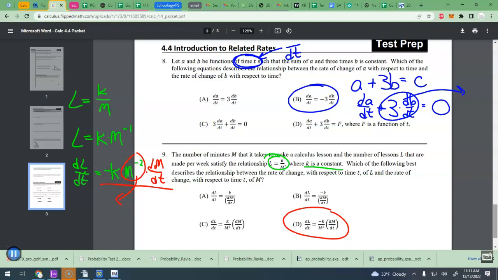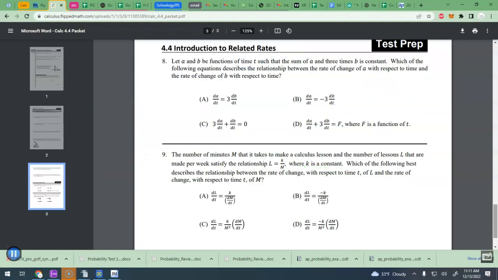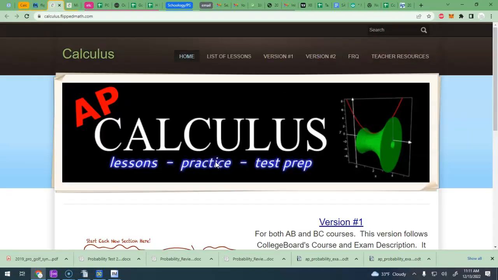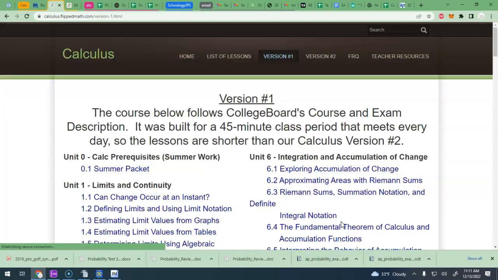I want to show you plugging numbers in. How does it look? And then tomorrow it'll be story problems with numbers. The first part of 4.5, they kind of give you the setup.